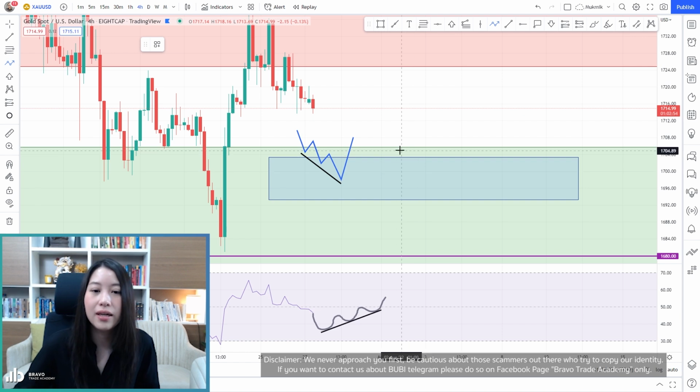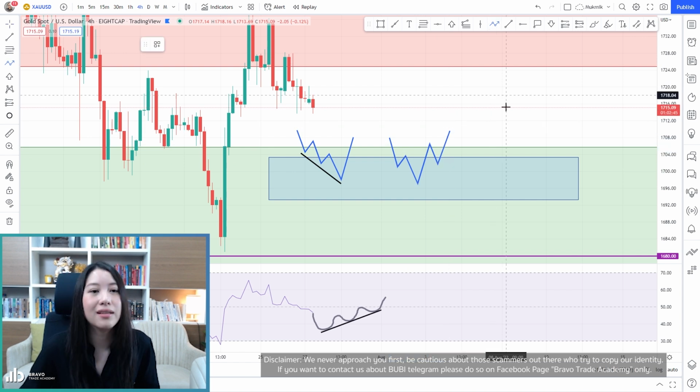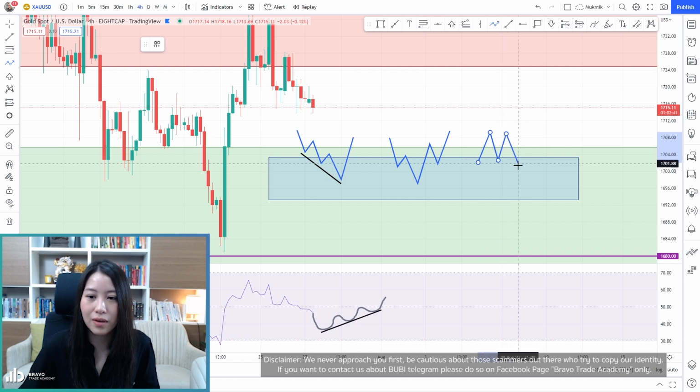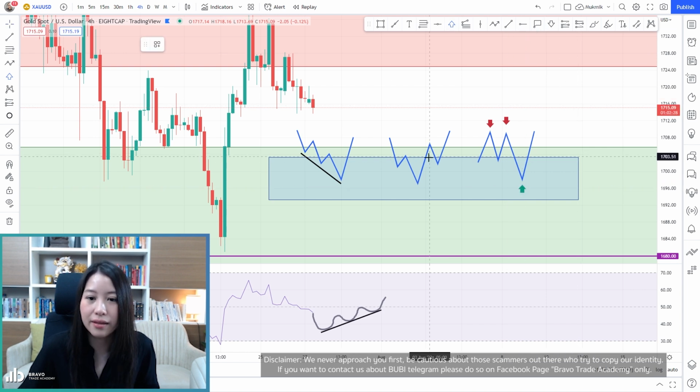So another one would be the QM buy pattern like this, and the last one would be this goal strategy that we had in our course. So we have the high twice here, and we will go for a buy at this point. For the QM pattern, we will go for a buy here, if you remember.